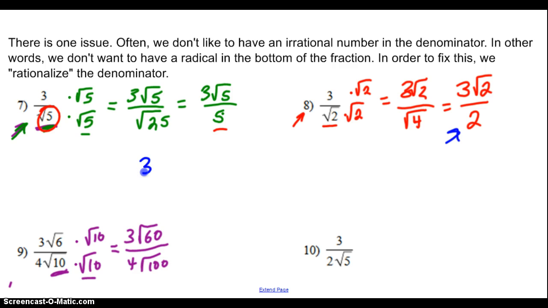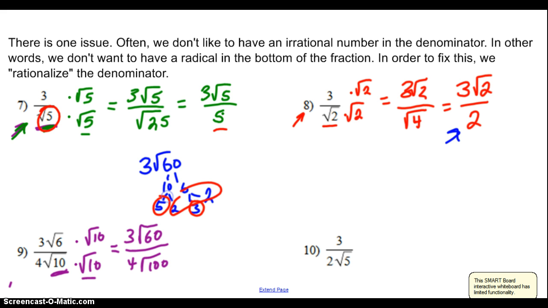The numerator is 3 root 60. 60 breaks into 10 and 6. 6 breaks into 2 and 3. And 10 breaks into 5 and 2. So it looks like we've got a pair of 2's, a lonely 3, and a lonely 5. So the square root of 60, let's see, the 3 from before, the 2 from the pair, and inside the radical will be the 5 and the 3, which gives us 6 radical 15.